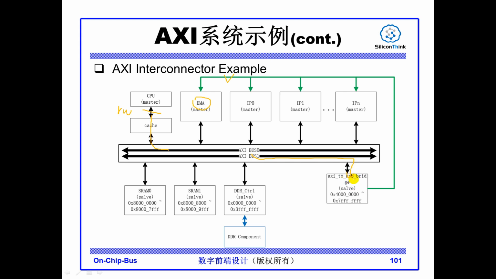This bridge will change the AXI protocol to the APB protocol and select this slave. So the read-write transfer on the IO of the CPU can pass to the APB interface of the DMA through this path.